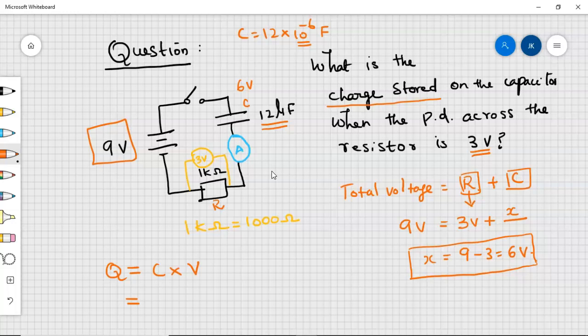You can substitute this value here, and the voltage across the capacitor we found is 6 volt. If you multiply, it is 7.2 times 10 to the power minus 5. The unit of charge is coulomb.